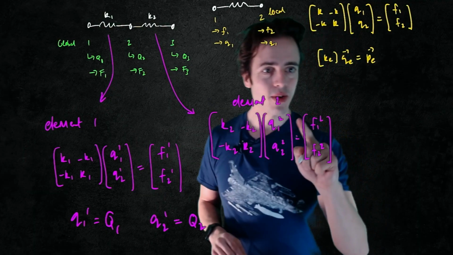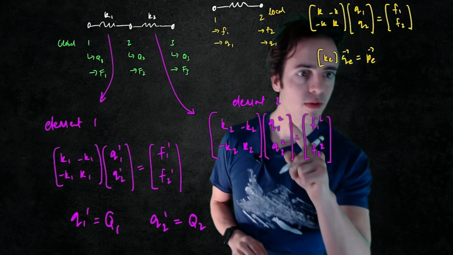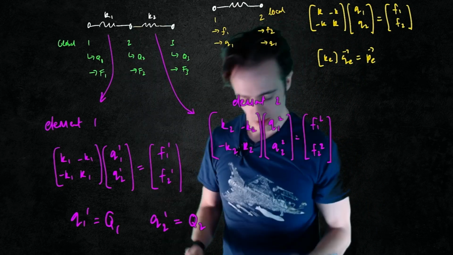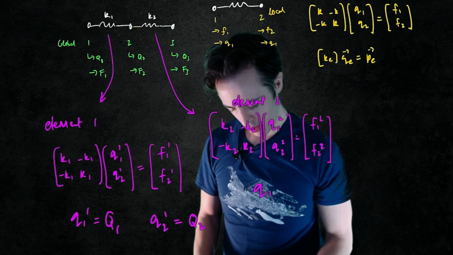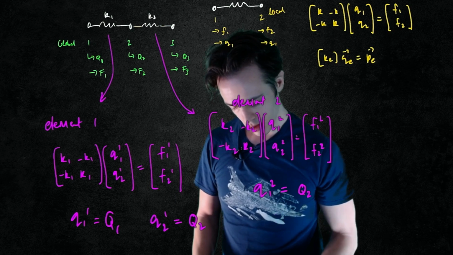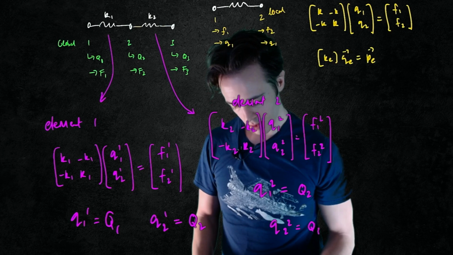We could also recognize that over here we've got Q1 of element 2. That is this node here, which is Q2. So Q1 of element 2 is Q2, and Q2 of element 2 is Q3.